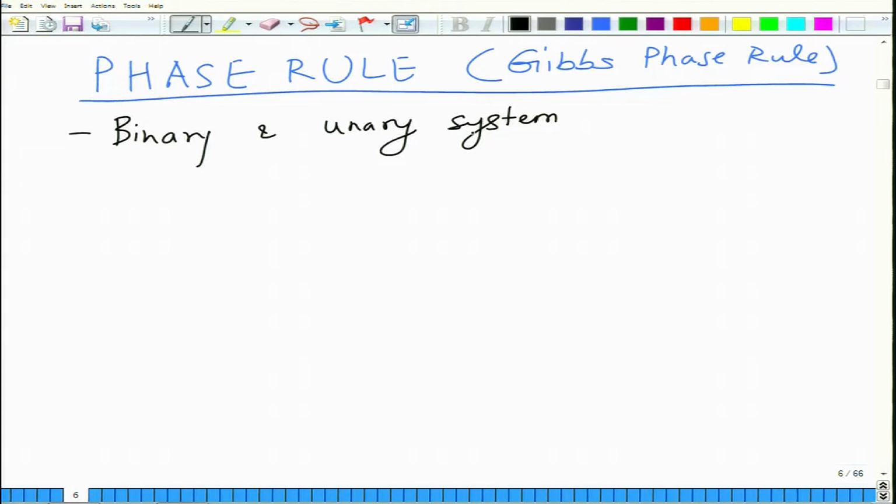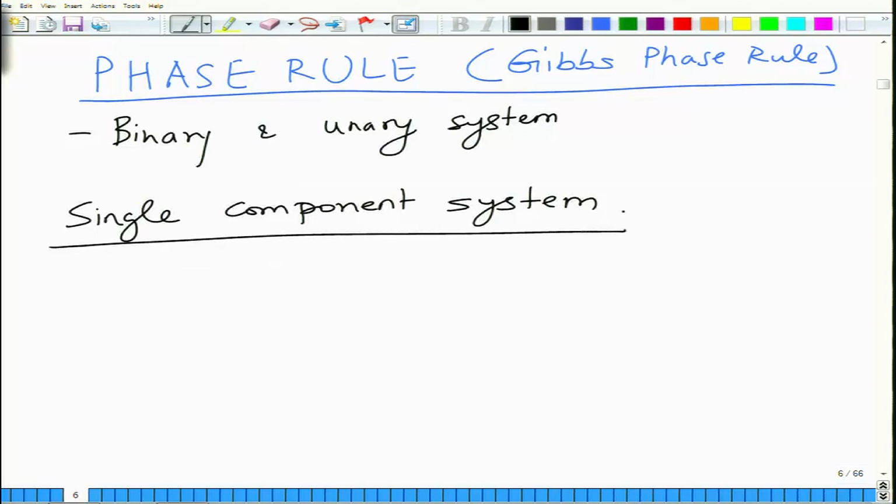So in a single component system, let us say, the variables that we had were temperature and pressure, because there is a single component. It would be interesting to see what kind of phases will exist when you vary temperature or pressure or both, and in what region.